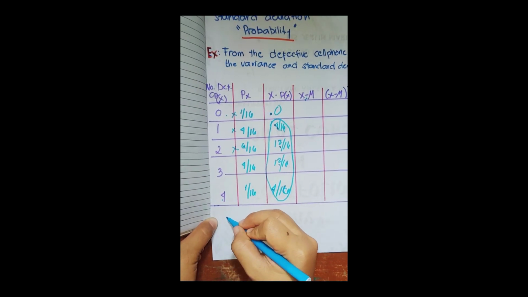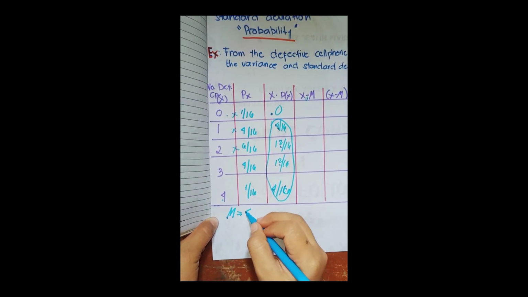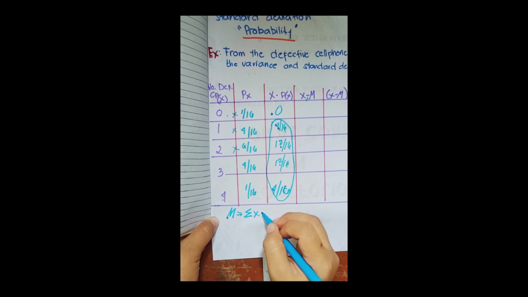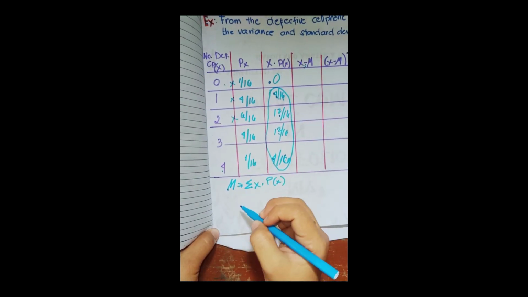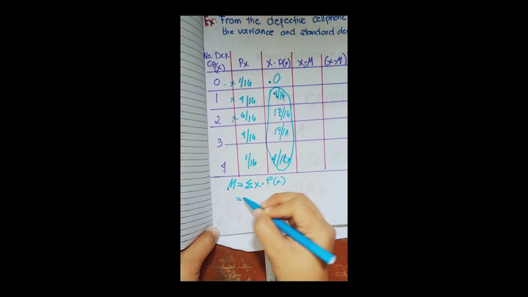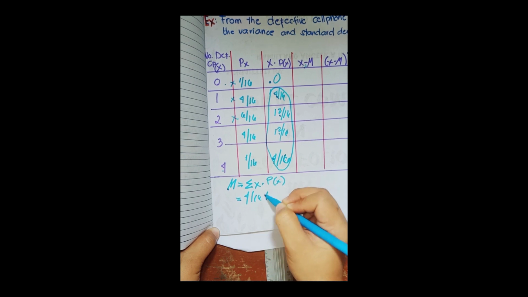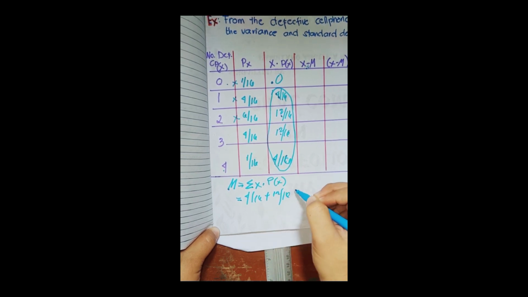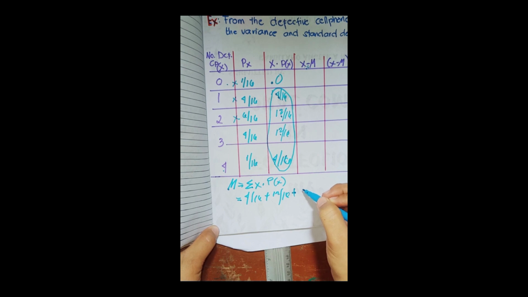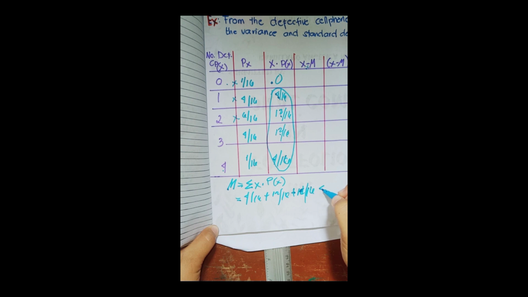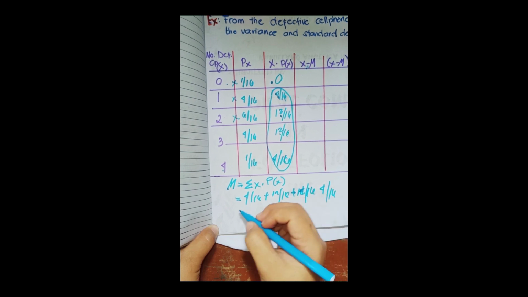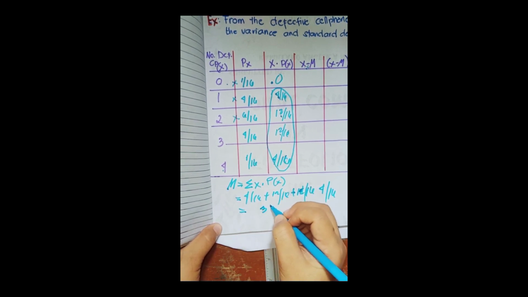Here is the formula for solving the mean. Mean is equal to the sum of X times P of X, so that we can get the mean, which is 4 over 16 plus 12 over 16 plus 12 over 16 plus 4 over 16.